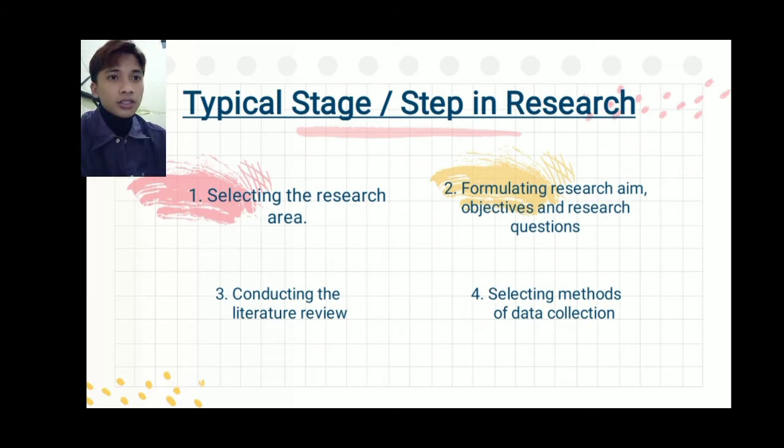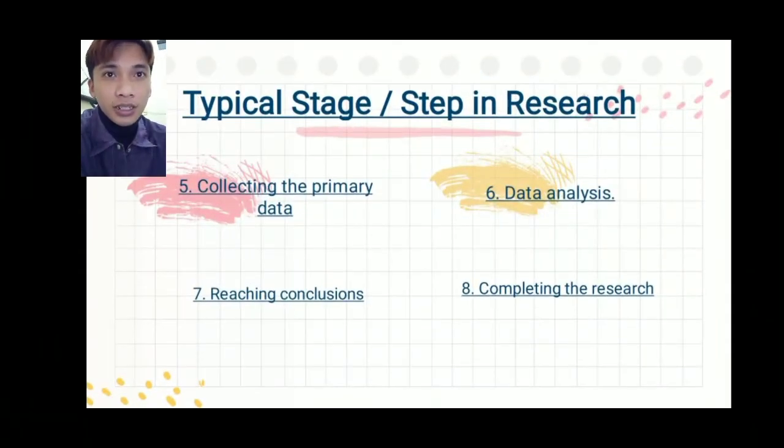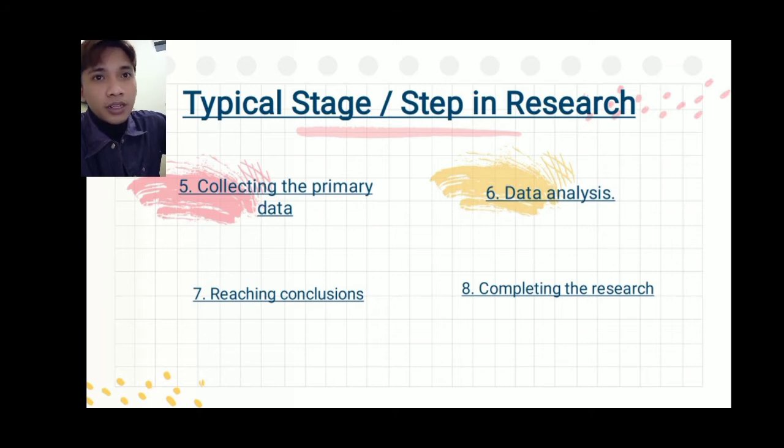The next step is selecting the method of data collection. Data collection methods need to be selected on the basis of critically analyzing the advantages and disadvantages associated with several alternative data collection methods. The fifth step is collecting the primary data. Primary data collection needs to be preceded by a great level of preparation and pilot data collection.